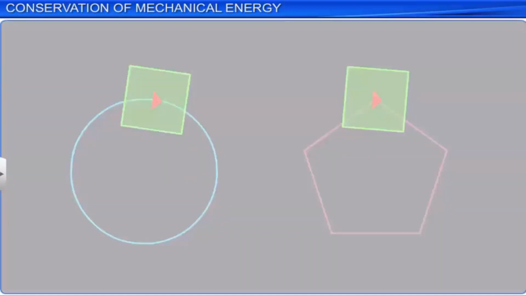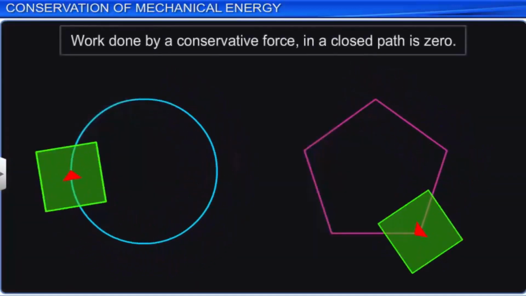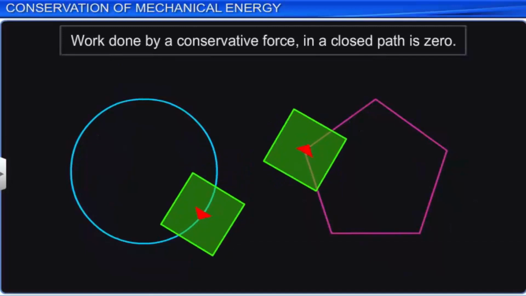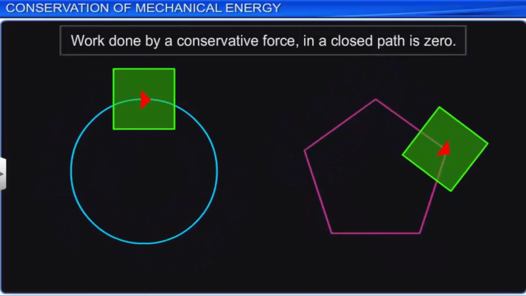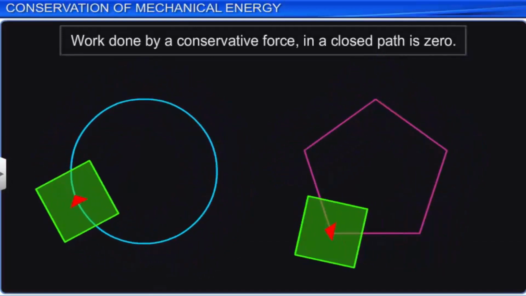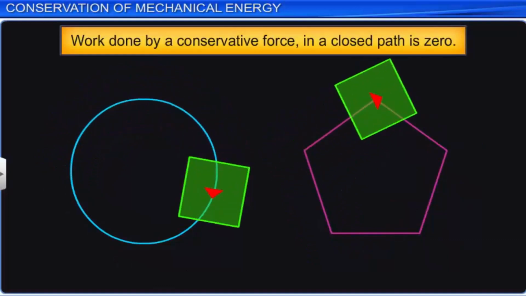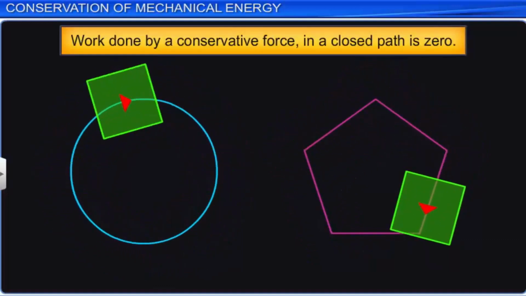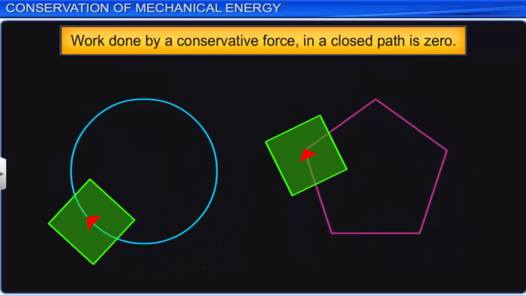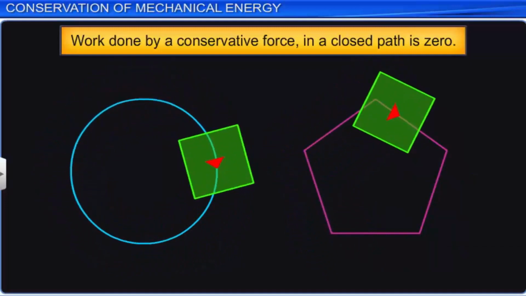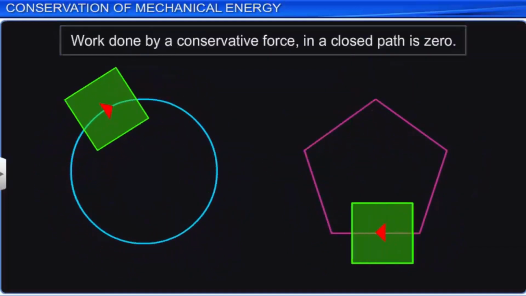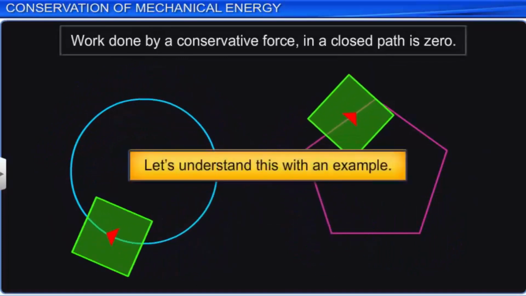Also, as the work done by a conservative force depends on the initial and final positions, the work done by a conservative force in a closed path is 0, as the initial and final positions in a closed path are the same. Let's understand this with an example.